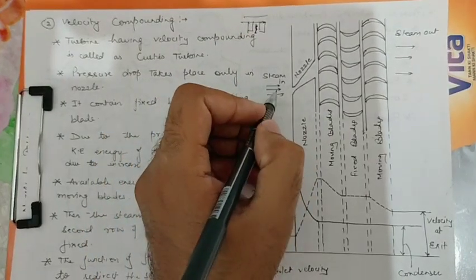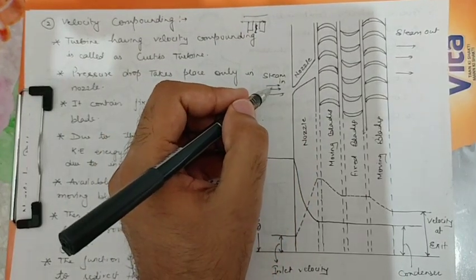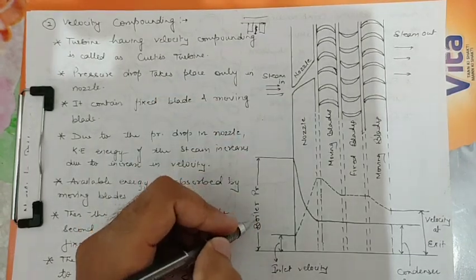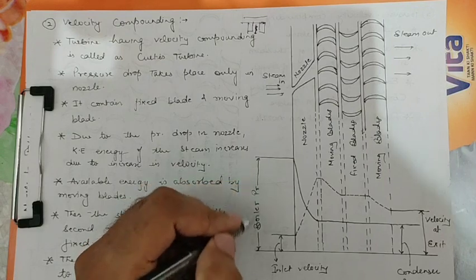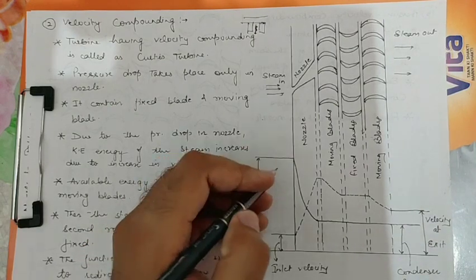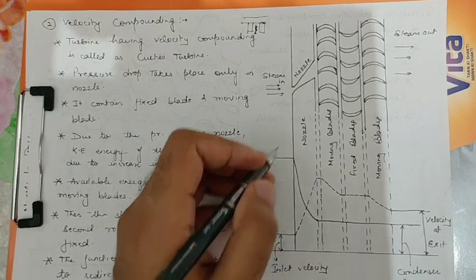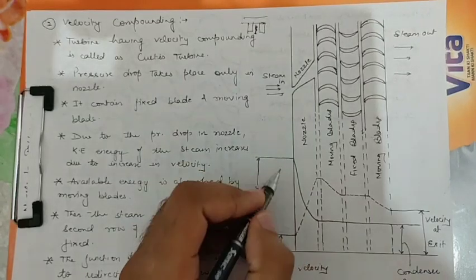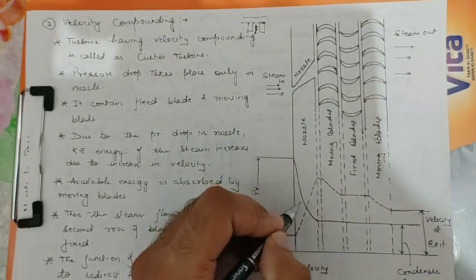The high pressure steam is coming into the nozzle from the boiler. So we are talking about this pressure, the boiler pressure. The high pressure steam enters and expands in the nozzle first, so there is a reduction in pressure.